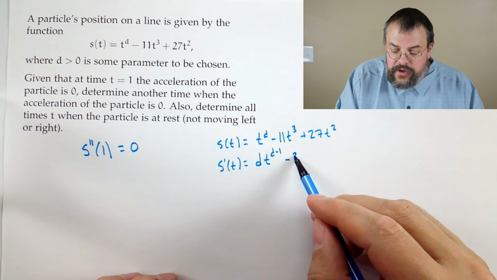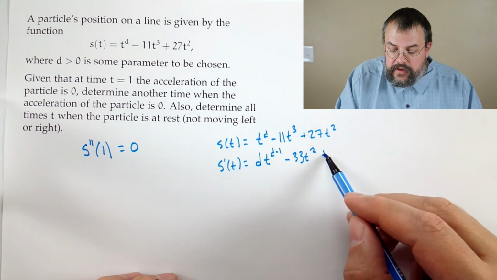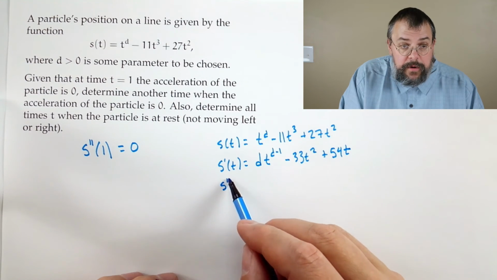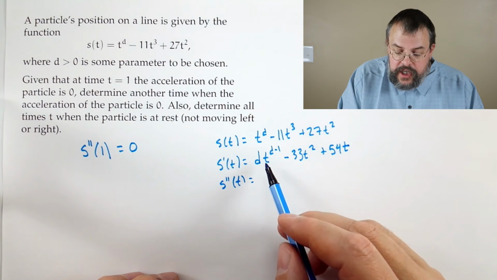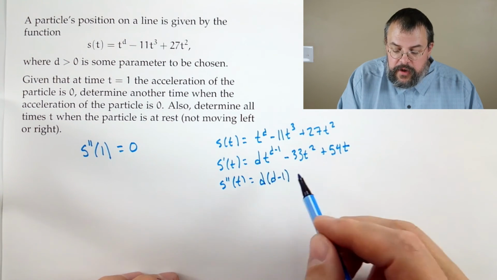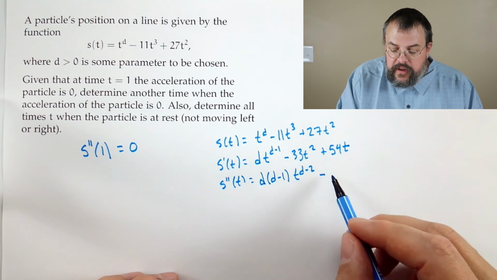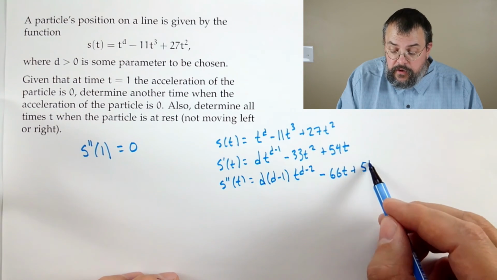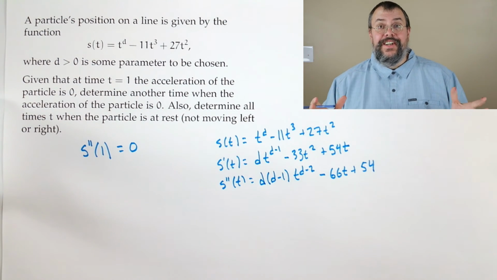Then minus 33t squared, 3 comes down, and then plus 54t. Then s double prime of t, because we want the acceleration. So here, d minus 1 comes down. So d times d minus 1, t to the power d minus 2, minus 66t, and then plus 54. So there's our acceleration.